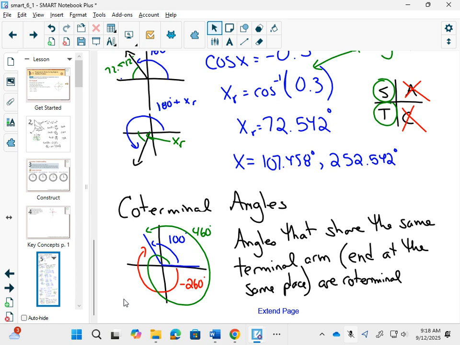If they end at the same place, they're coterminal. So we're just worried about where they end. Okay? That doesn't mean the angles are the same. If I am skiing and I go over a jump, it'd be really impressive if you saw me do a 360. It'd be really impressive if you saw me do a 720.